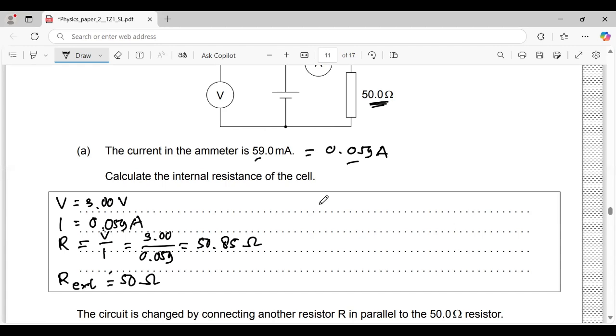Now the total resistance is the external resistance plus the internal resistance. This is the internal resistance.